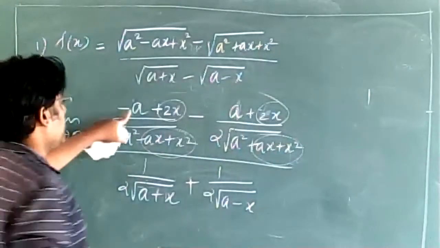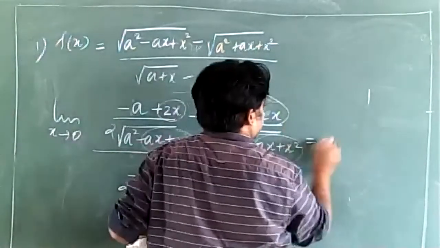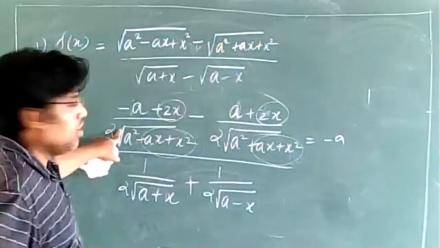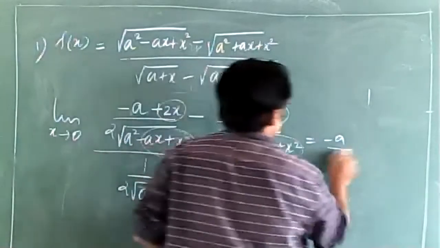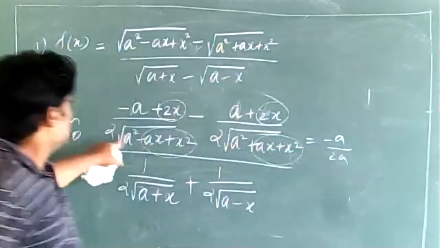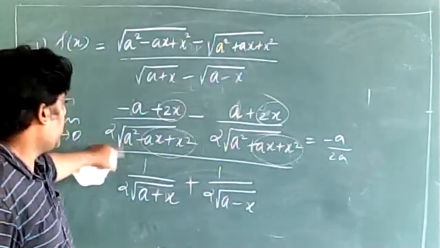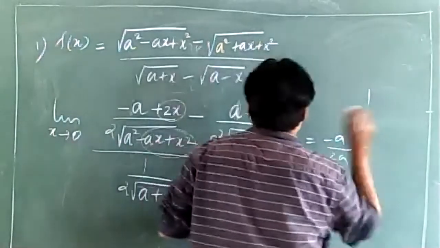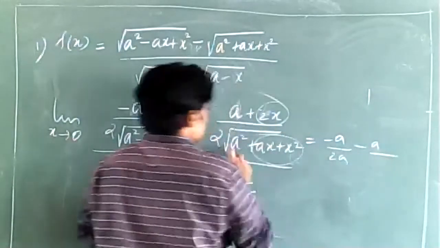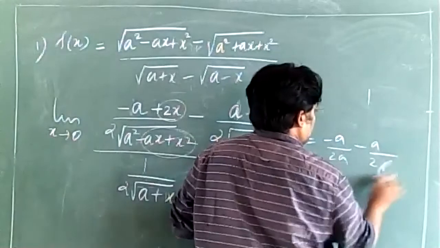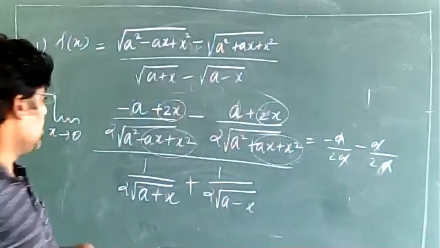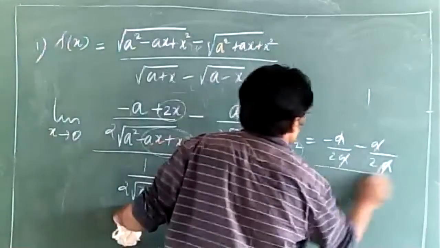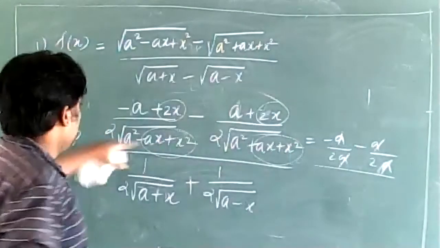Now what are they? Minus a. We make 2 into root a square, that is 2a. Root a square is a, 2a. Minus a divided by, same thing, 2a. Getting the denominator part divided by this together.